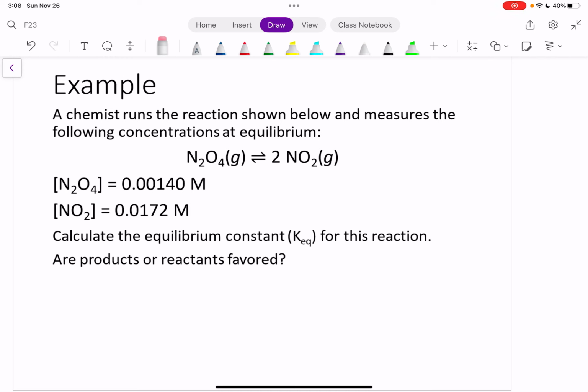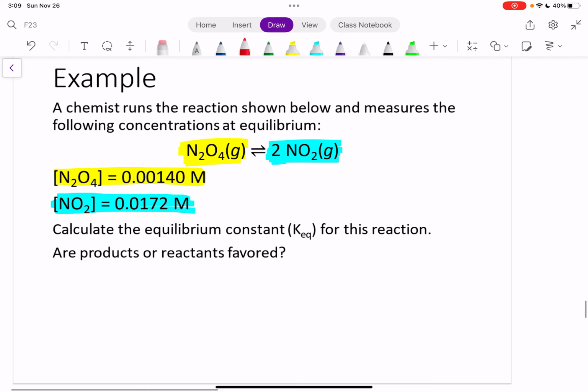So we know our concentration for N2O4, our reactant, and we know our concentration for NO2, our product. So if we know those concentrations, we can write an equilibrium constant expression and then plug in these values. So first off, we need to figure out our equilibrium constant expression.